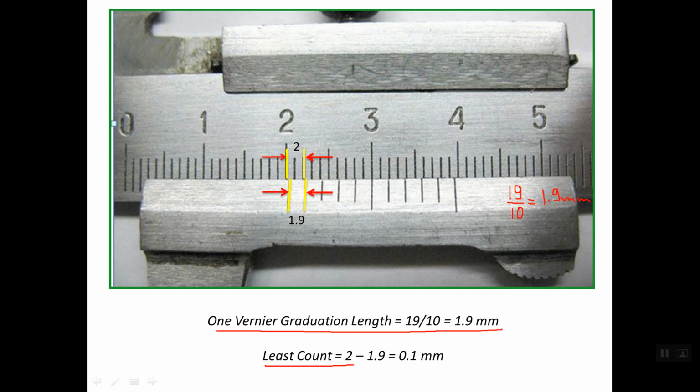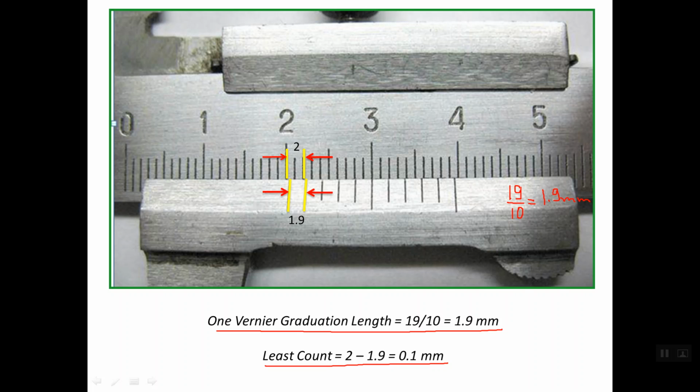So the least count is simply the difference between two lines on the main scale and the one division on the Vernier scale, which is 1.9. So in this case, we have a least count of 1/10 mm.